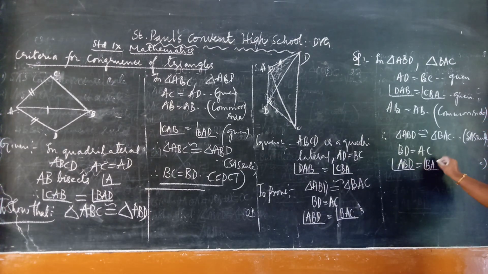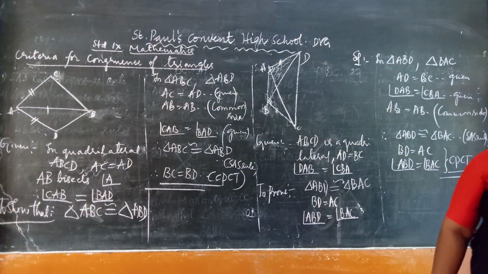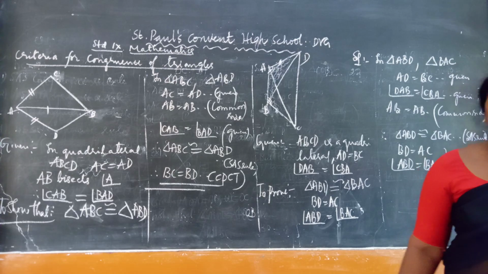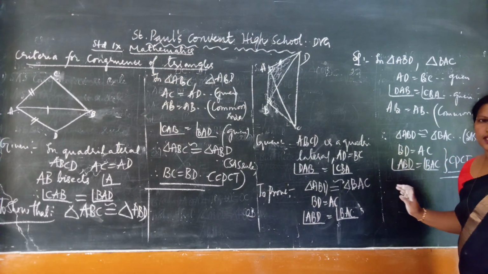Why? Because these are corresponding parts of congruent triangles. Once you say the two triangles are congruent, naturally the remaining sides and the remaining angles will be equal. That's what you have done here, children.